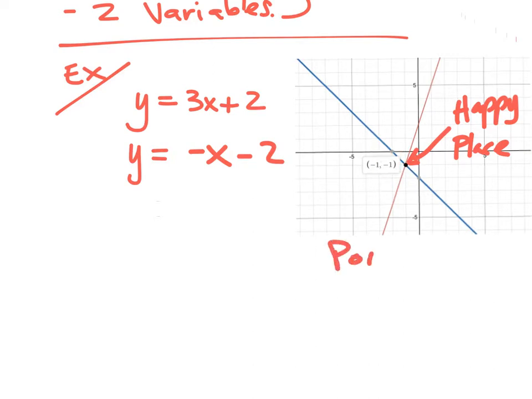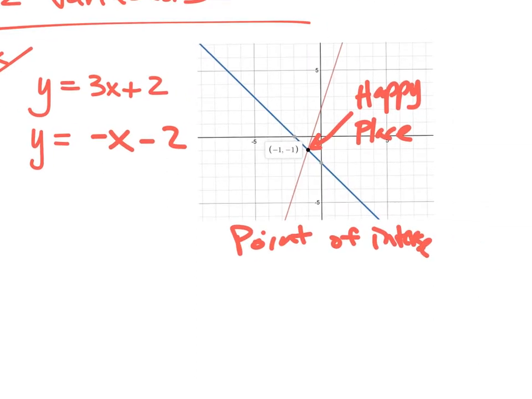Okay. And this point of intersection, what you have. So let's write that down. Point of intersection. Are we supposed to draw the graph? Not right now. Point of intersection is the solution. Okay? And that's what we're looking for. Okay?